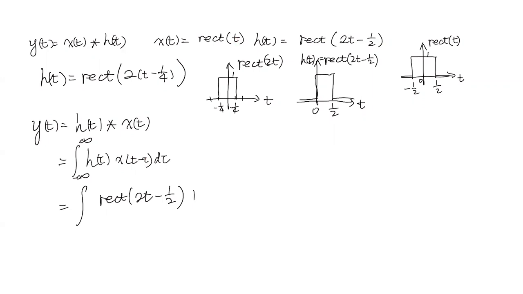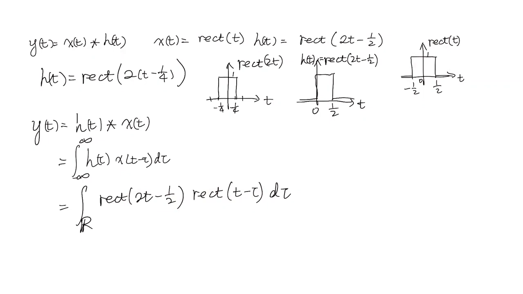So that's the rect of t minus tau, d tau. You can see that the integration bound is still over all real numbers. This h of tau is not going to change, but the rectangular function of t minus tau is the rect of t that we are going to flip and slide.